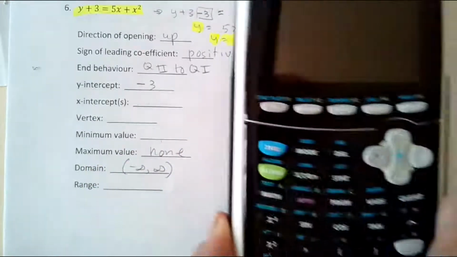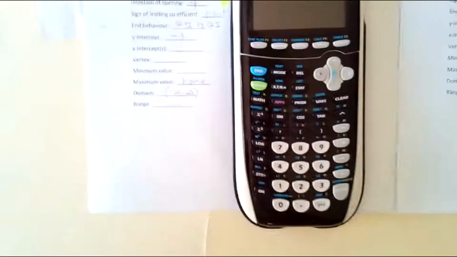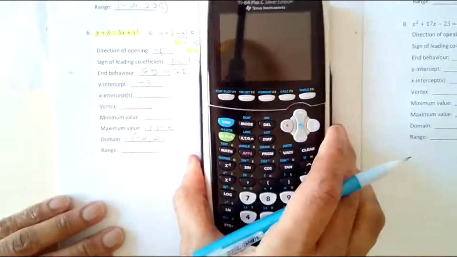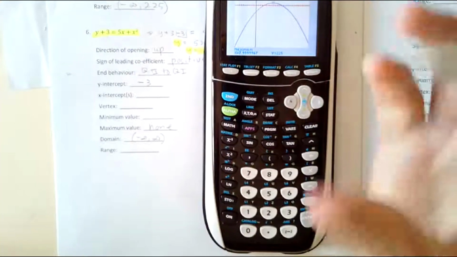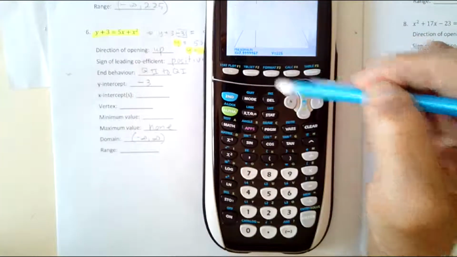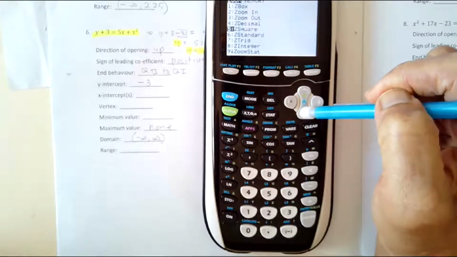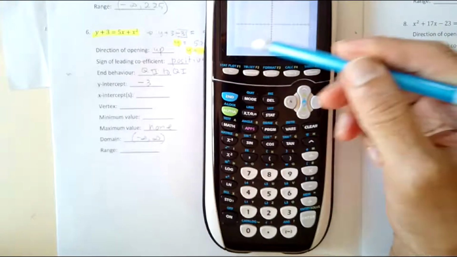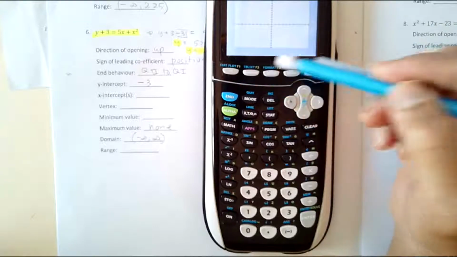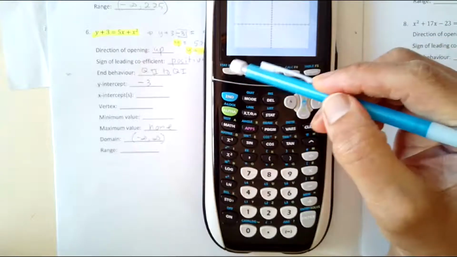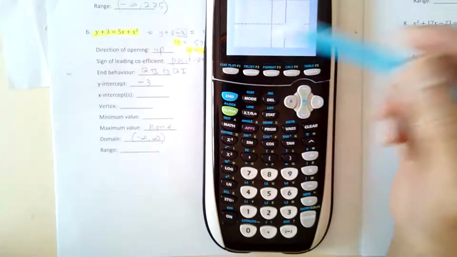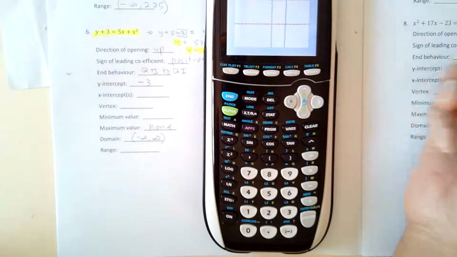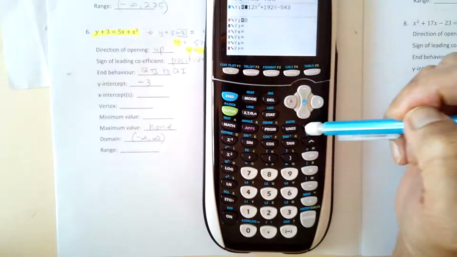So let's go ahead into the calculator. And I'll show you in Desmos later, it doesn't really matter how it's done. So I'm gonna reset my calculator. I'm gonna go to Zoom here, and I'm gonna go to standard. Okay, I should have first of all deleted that equation.